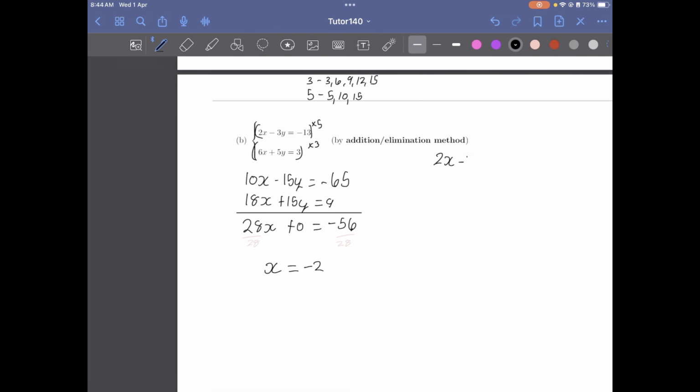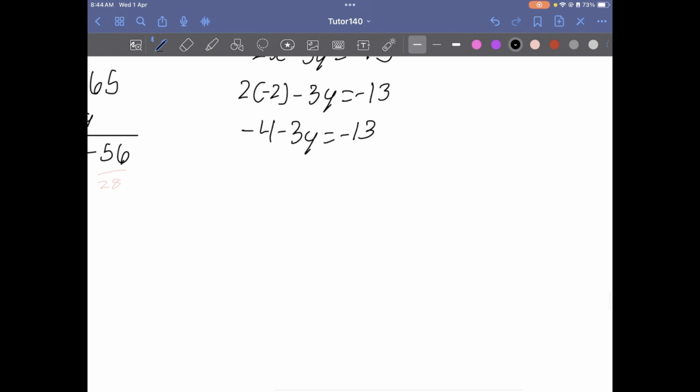So you have 2x minus 3y is equal to negative 13. So 2 times negative 2 minus 3y is equal to negative 13. Negative 4 minus 3y is equal to negative 13. Transpose the 4, we have negative 3y is equal to minus 13 plus 4. Negative 3y is equal to negative 9.